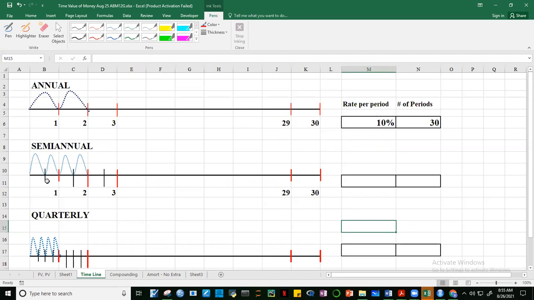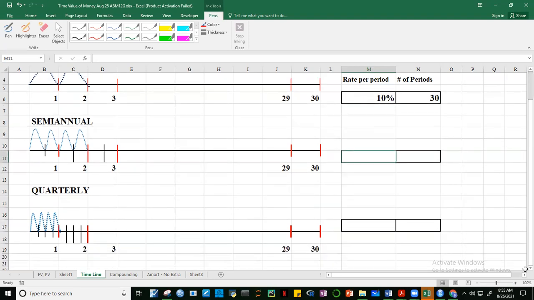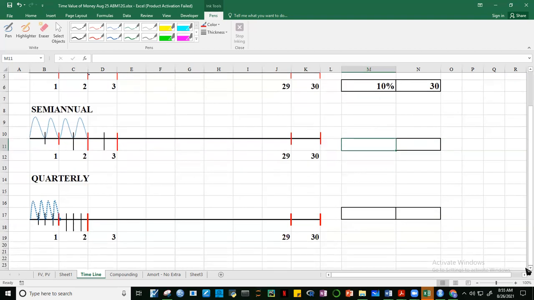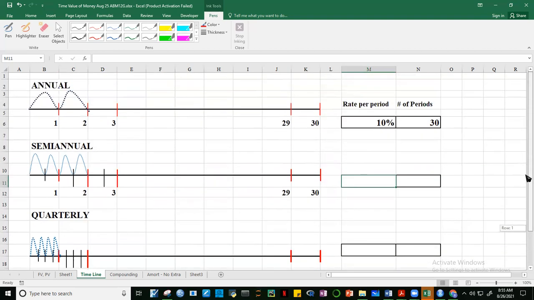Semi-annual, so 2 beses nagko-compound per year. So ito rate per period 10%, ito magiging 5% number of periods. Okay, so this is just a graphical display, no? Semi-annual kasi 2, ito 4.